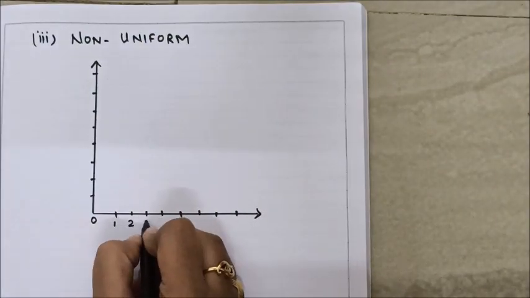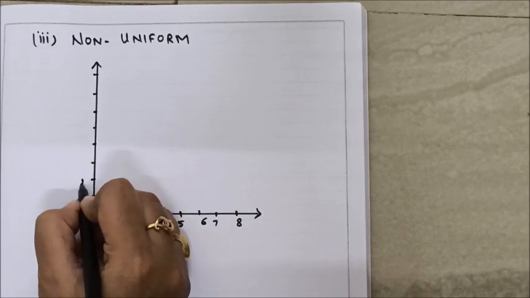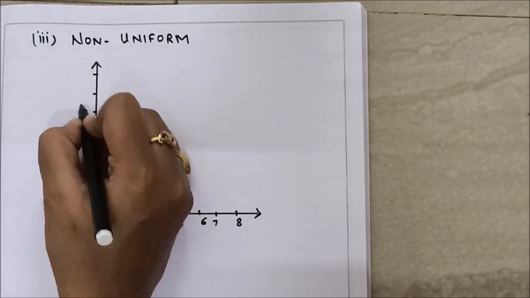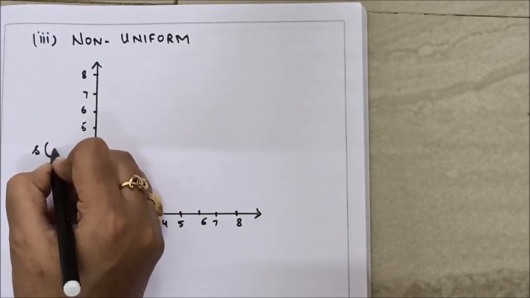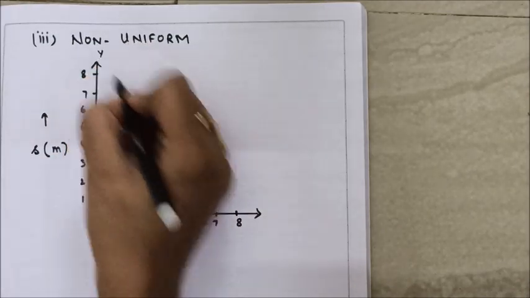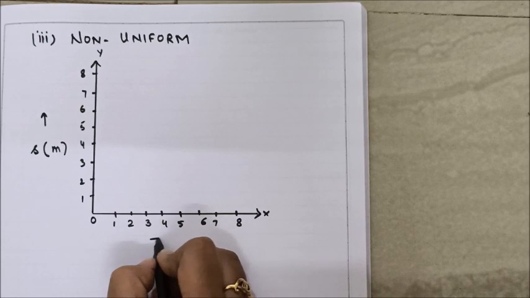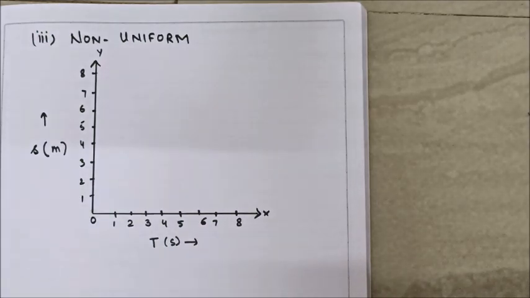So numbering it, and going ahead, we need to write S, the notation for distance, with its SI unit and a small arrow, with Y and X to be written, also time in seconds and a small arrow.